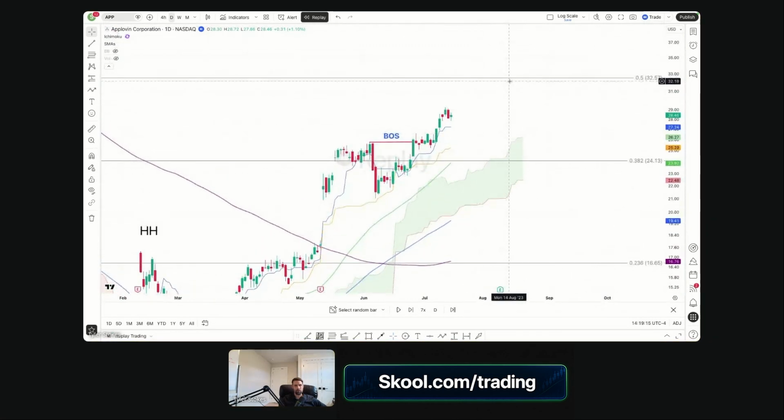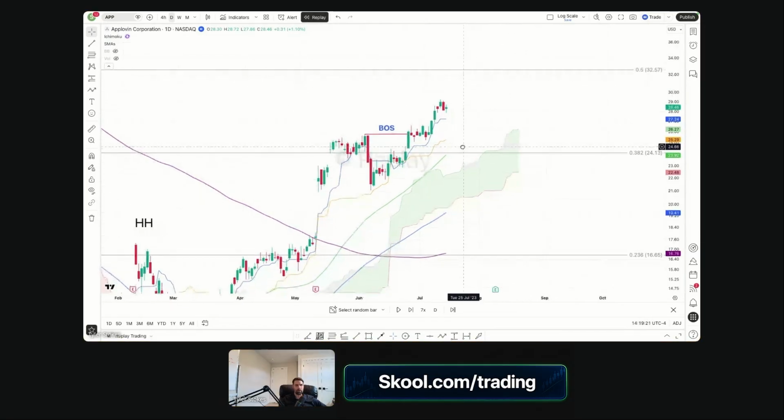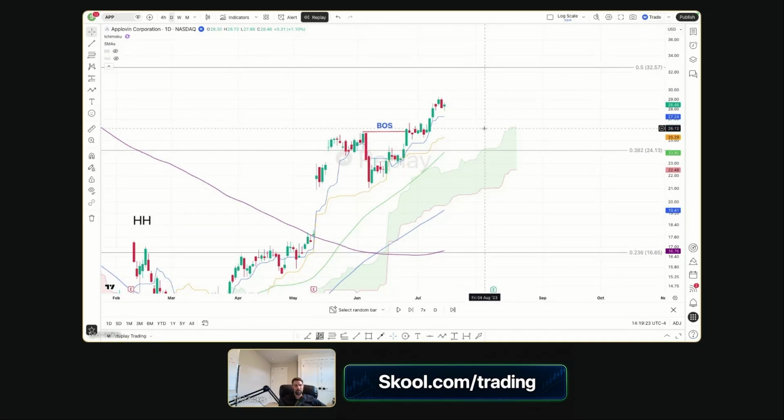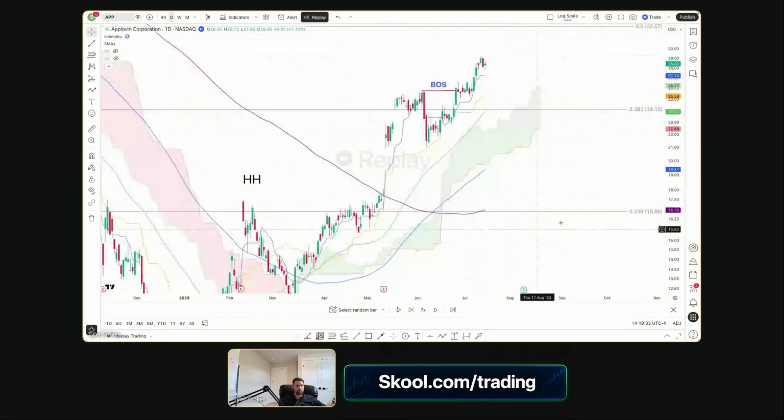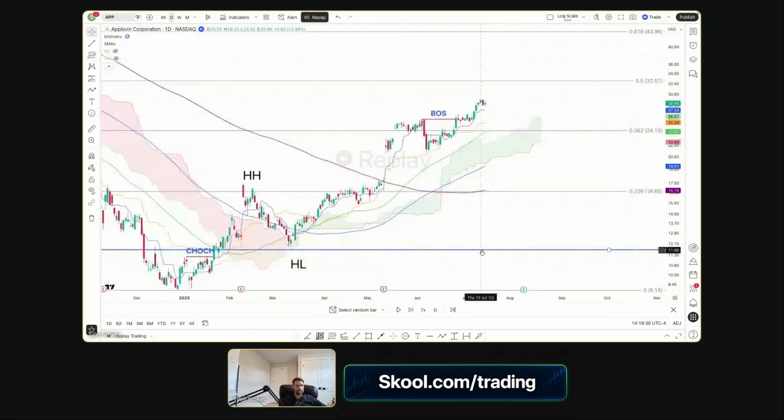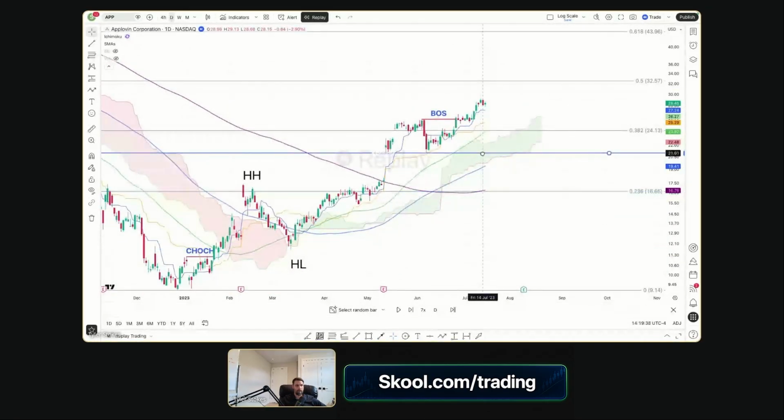Here, we're approaching a fib level of resistance at 32.50. We'd want to be cautious here. Support is going to be much better around the 26 area if we get back to that zone with the moving averages, with the cloud, and so on. And then if we wanted to keep our invalidation in terms of market structure, then we can raise this up to that low there.